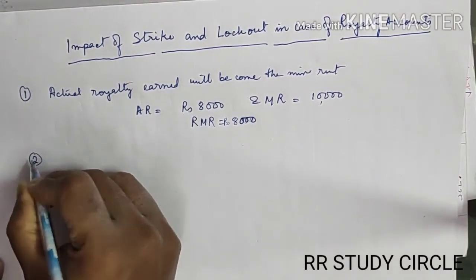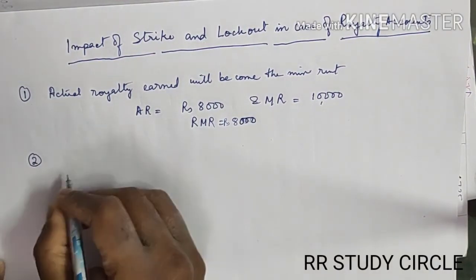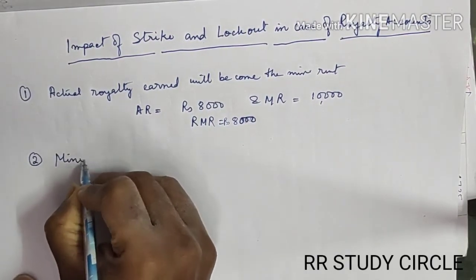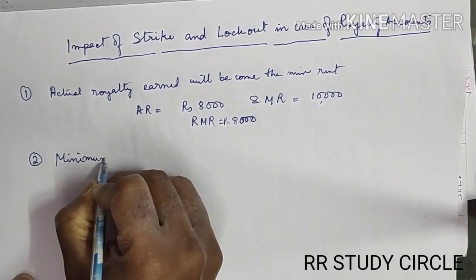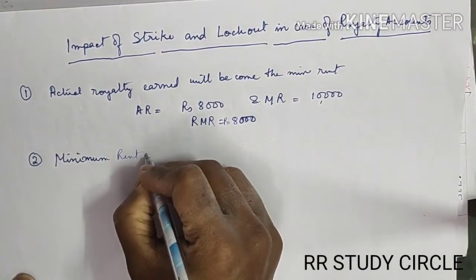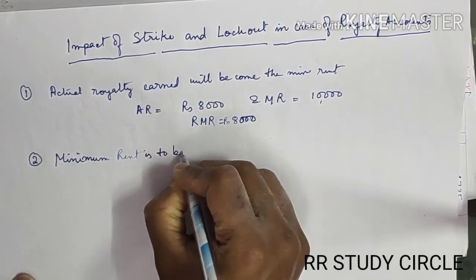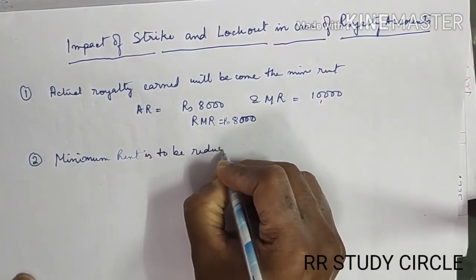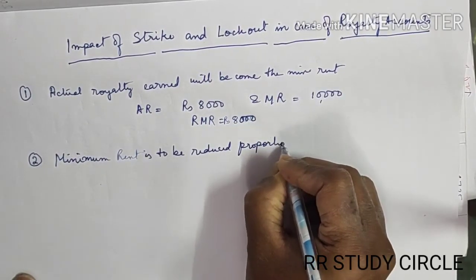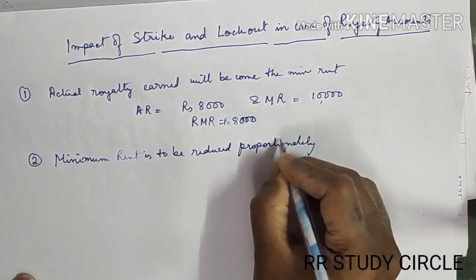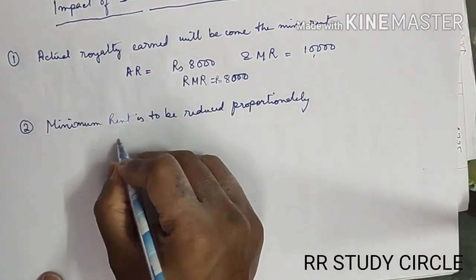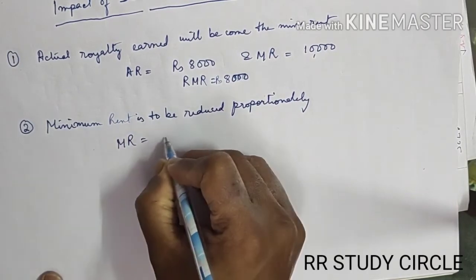Now, coming to the second situation: minimum rent is to be reduced proportionately. Here, for example, the minimum rent is rupees 10,000.